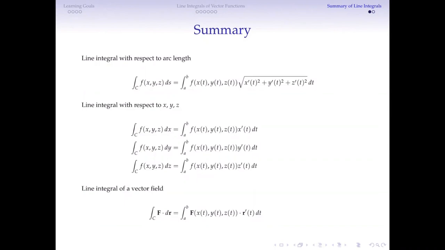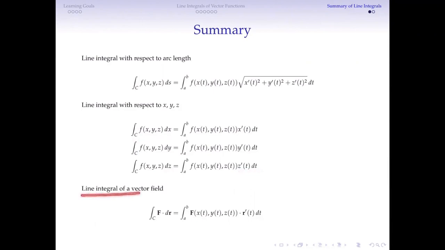We also talked about the line integral of a scalar function over a curve with respect to either x, y, or z. In one case, dx is just x prime of t dt in the parameterization. dy is y prime of t dt. And dz is z prime of t dt.